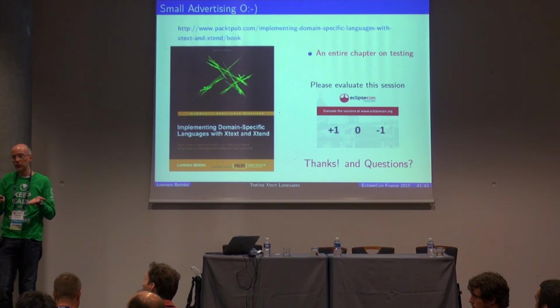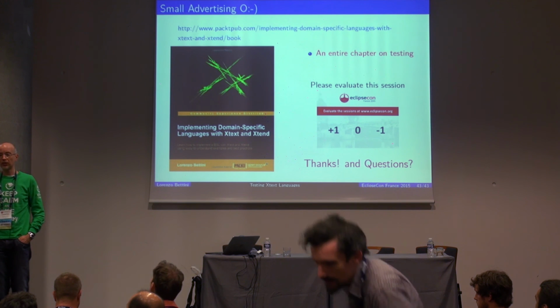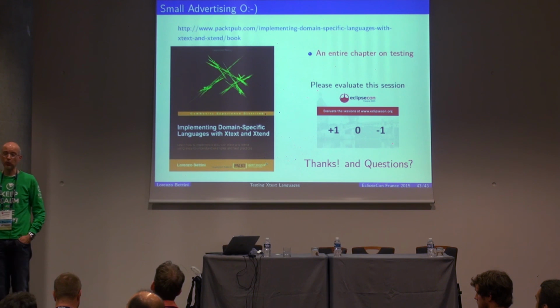So what they propose is to use Xtend to have much more readable test cases. In the end, you can use whatever you want. If you want to use this testing framework, then you have to use Java or any language that is interoperable with Java.